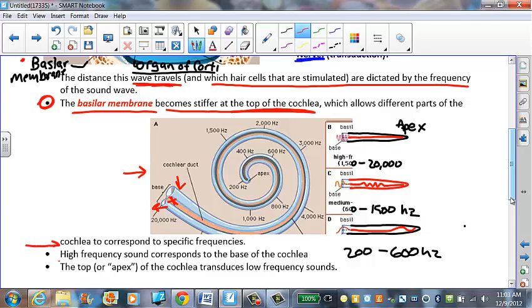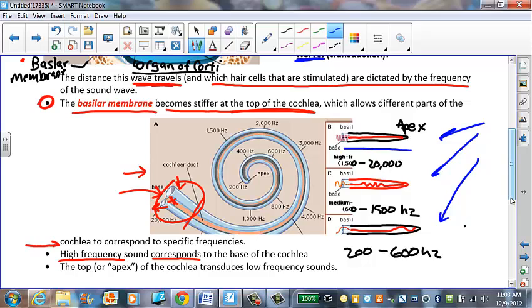Now, high-pitched frequencies tend to correspond to the base of the cochlea. And that means right down here in this area, the beginning of the cochlea, if you will, closer to the stirrup. And if we rolled out the cochlea into a shorter little diagram, the basilar membrane here is rolled out from the base to the apex.